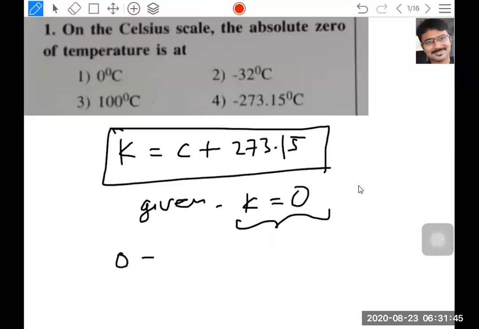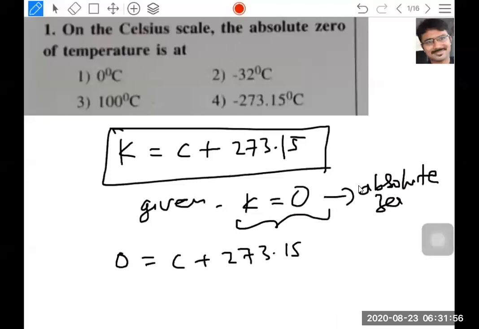So substituting that value here, 0 is equal to C plus 273.15. Absolute 0 means that they have given the value of Kelvin. The Kelvin value is 0. So what is the C value?